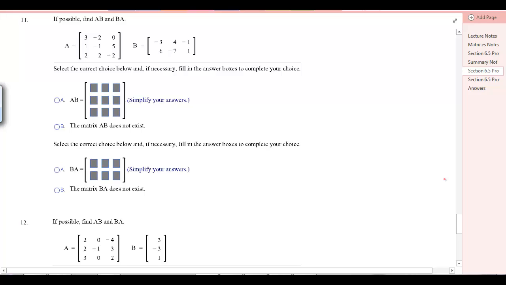Number 11. All right, let's look at what we've got. We've got a 3 by 3, and we've got a 2 by 3. So for A times B, that is not possible. What about B times A? So we would have a 2 by 3 and a 3 by 3. So on that one, we're good.